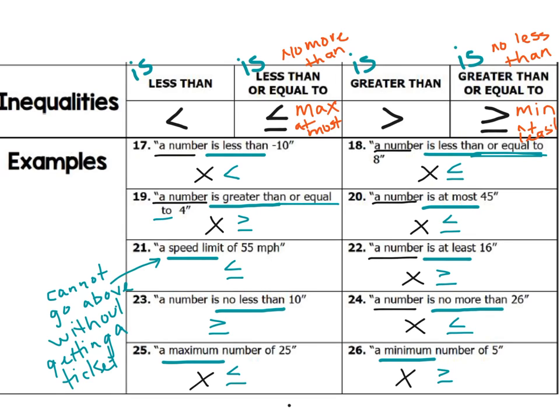This doesn't say a number, but I do need a variable to represent it, okay? And then in number 21, that's going to be the only one where I use a different variable. Sometimes we want to use a variable that represents the situation, especially if it's a real life situation. So I'm using the letter S to represent speed limit.